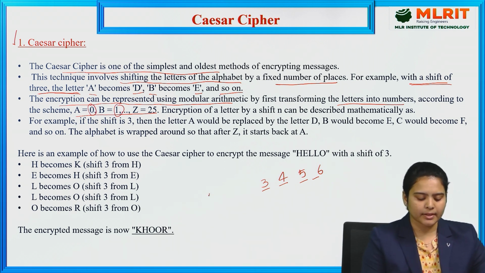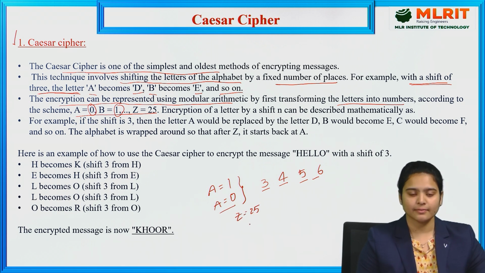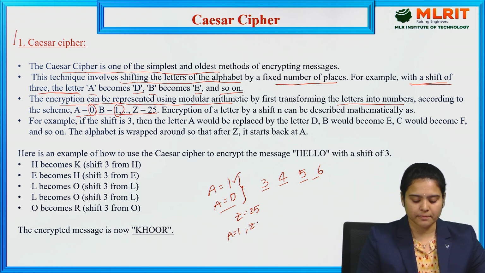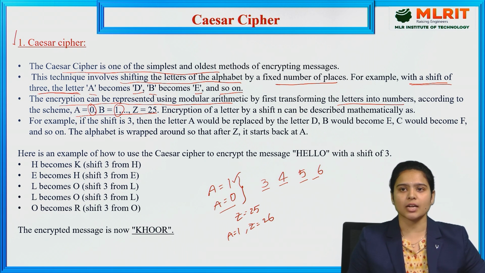For example, if A equals 0, then Z will be 25. If A equals 1, then Z will be 26.